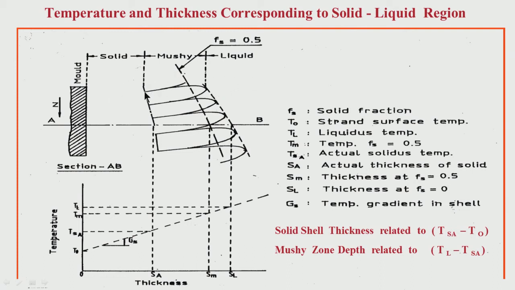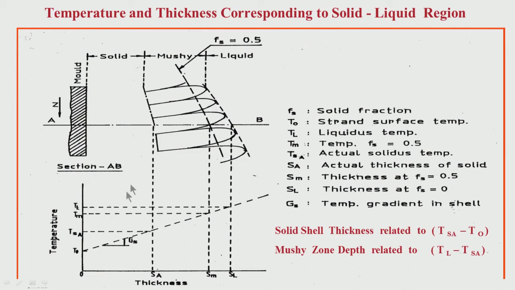Here the solid fraction Fs is 1 or 100%, at the liquid front it is 0, and in between you have some solid fraction. This is the 0.5 line, just to indicate the 50% solidification front. What is the relative thickness of the solid shell and the mushy zone is dictated by the temperature, which I have shown here.